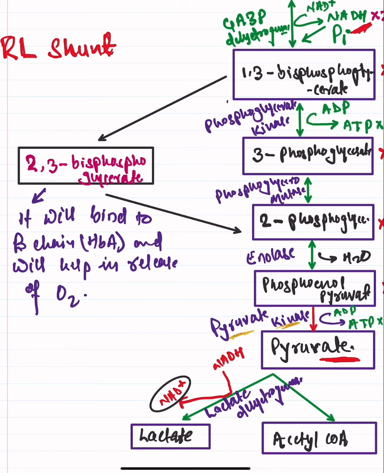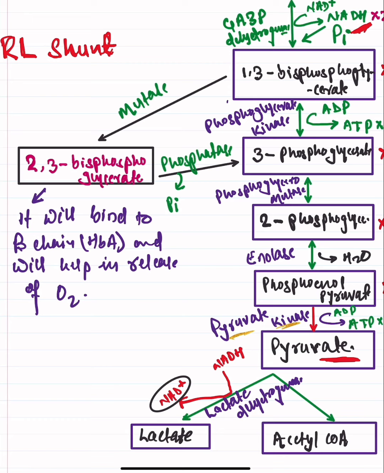The enzyme here is mutase, and here this 2,3-bisphosphoglycerate will change into 3-phosphoglycerate, and the enzyme here is phosphatase, right? And the phosphate will be released in the inorganic form, and ADP will not be the acceptor here, so we are not getting ATP here.